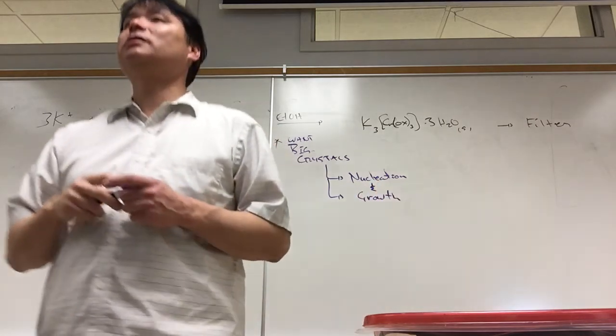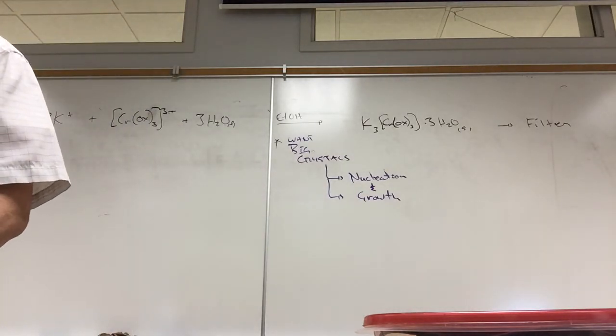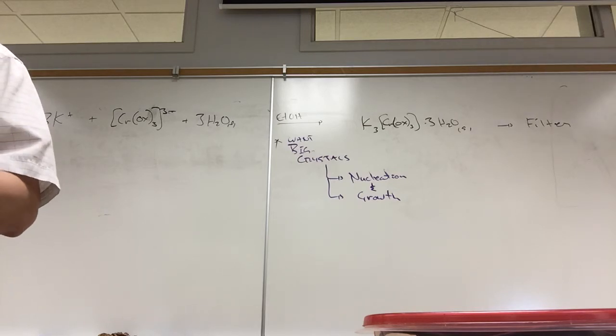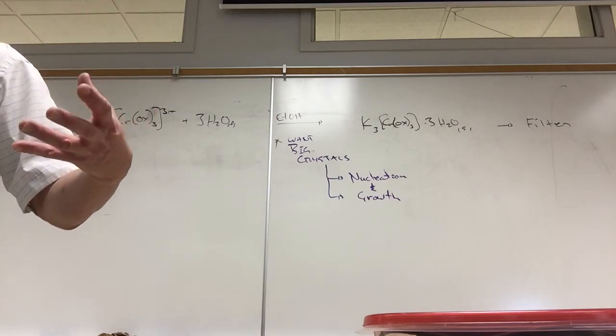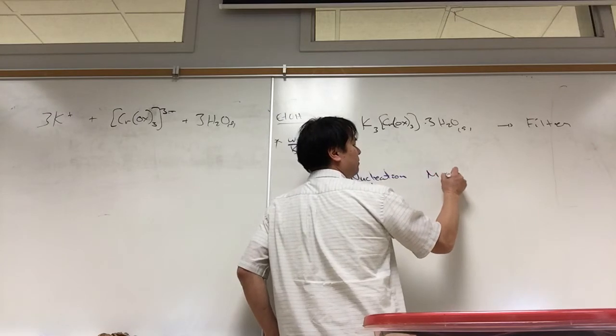If you want big crystals, do you want to nucleate a whole bunch of baby crystals, or just a few? Or just one? Ideally, one would be nice, and then we get one gigantic crystal. So we want to minimize nucleation.